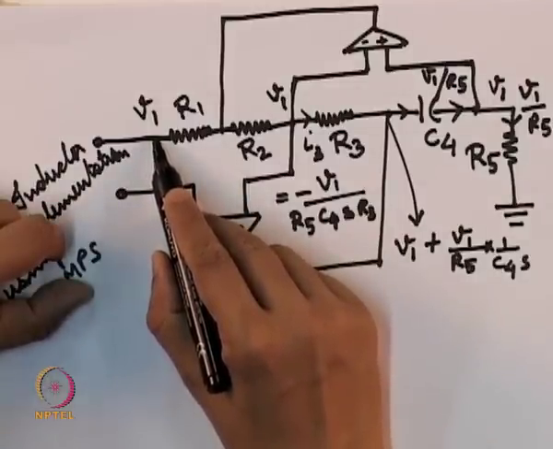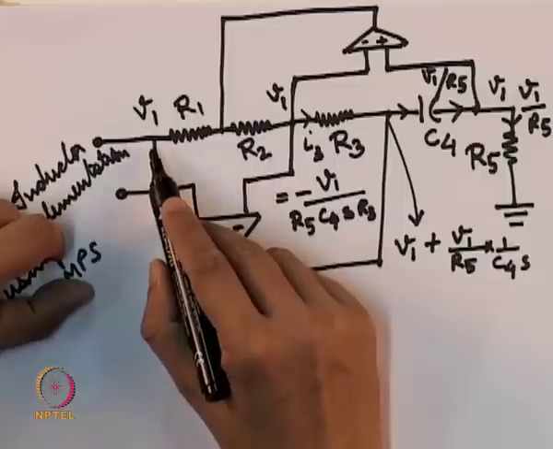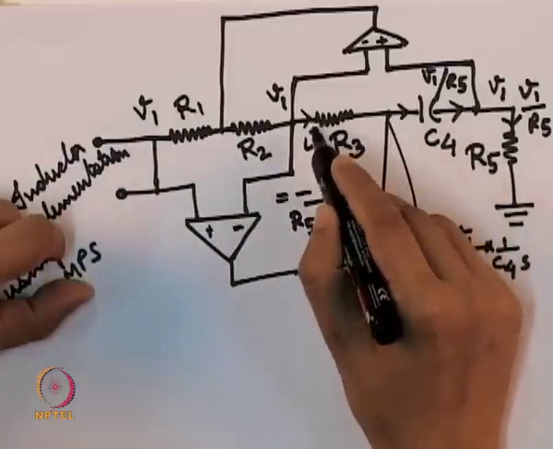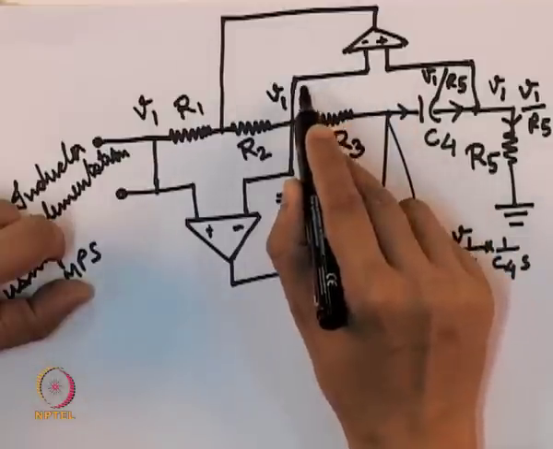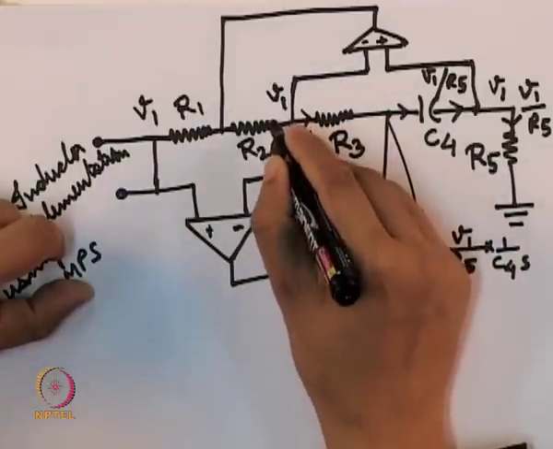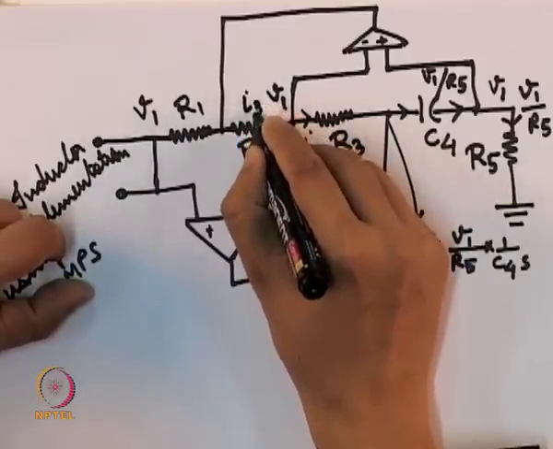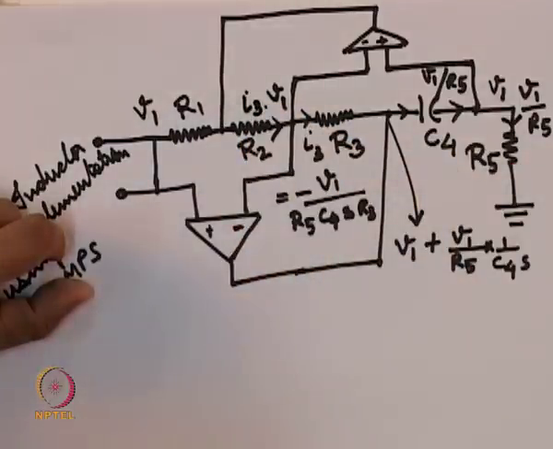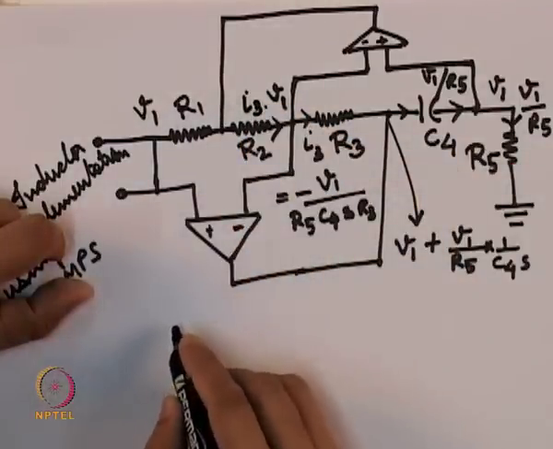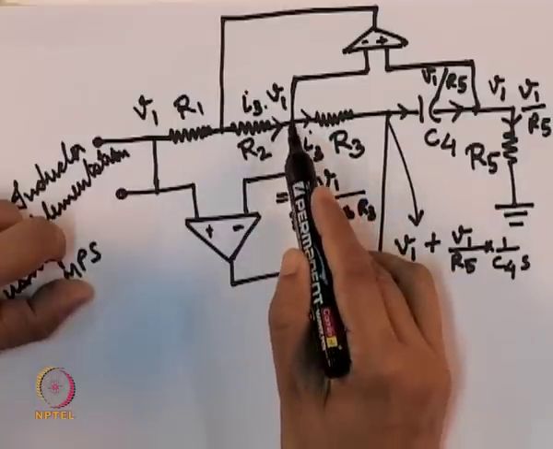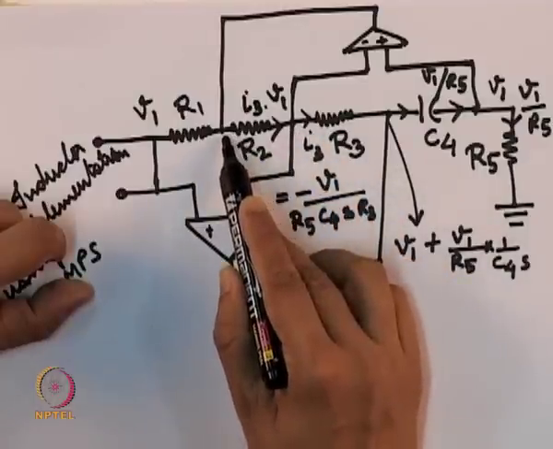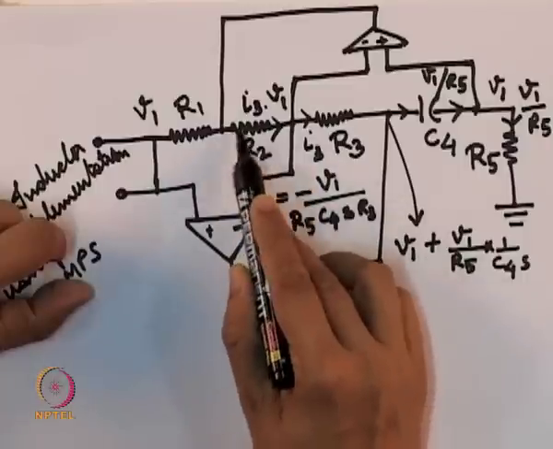It must be V1, right. Now, since no current flows in this terminal and this terminal, we can assume that the current flowing through R2 is also I3, and so the voltage at this point plus the voltage drop across R2.